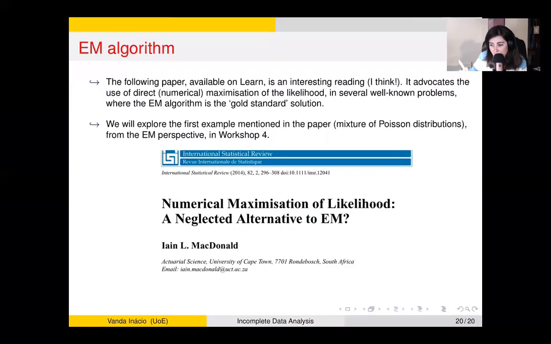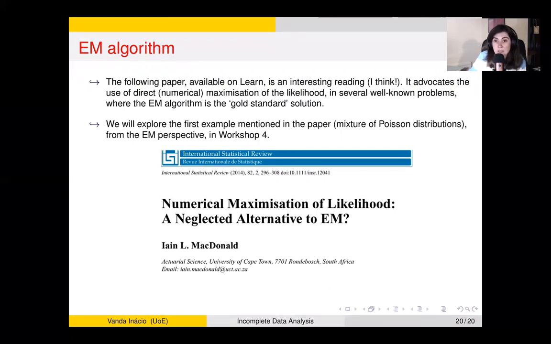And last slide, I've uploaded to Learn a paper that I think is a very interesting one, and the title is Numerical Maximization of the Likelihood, a Neglected Alternative to the EM Algorithm.